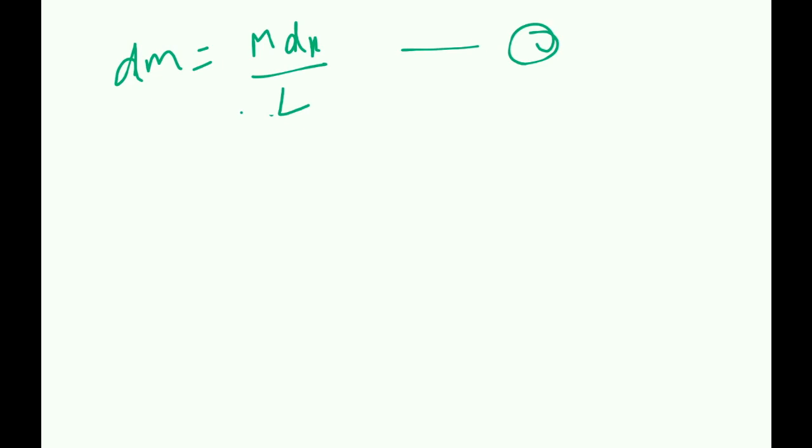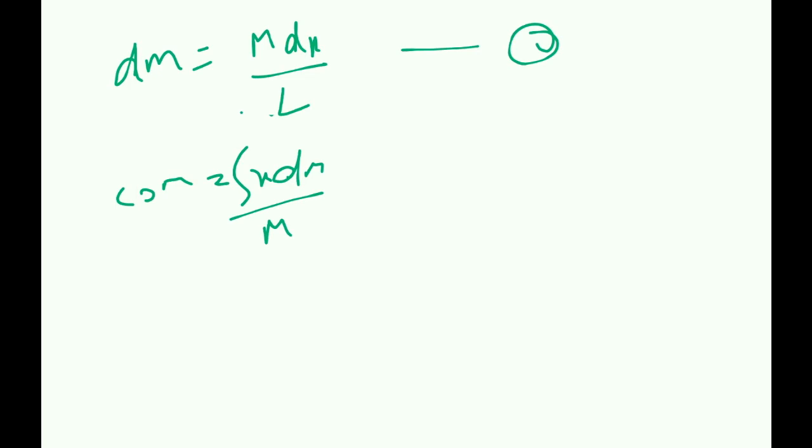You remember that dm is equal to m dx by L. Let's keep that aside as 1. And we found that the center of mass is the integration of x dm by m, because the integration of dm is m.